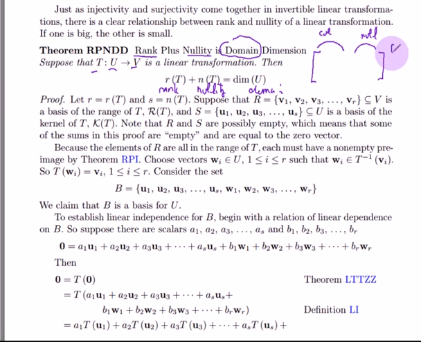Now, when you think about this as a linear transformation, the number of columns is equal to the dimension of the domain, because when you multiply this matrix by a vector, the number of entries in the vector must be equal to the number of columns.